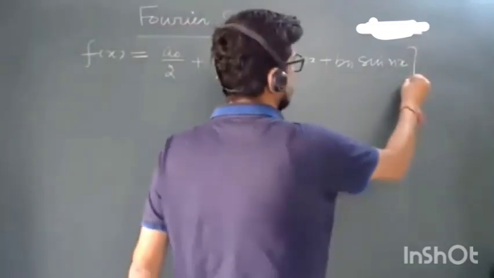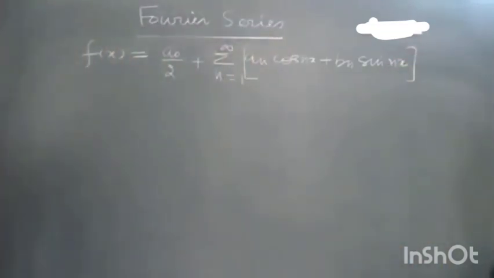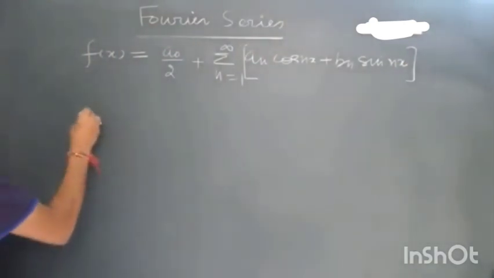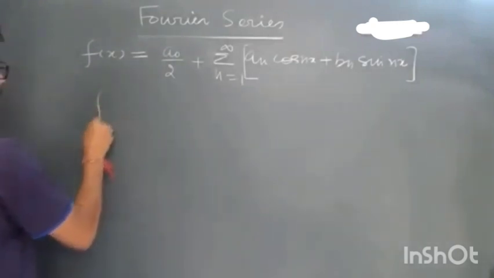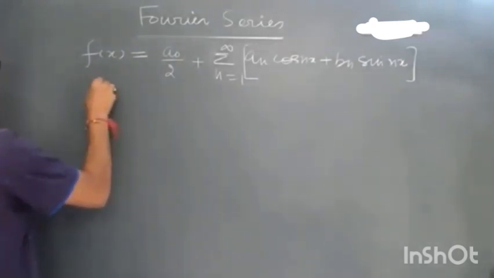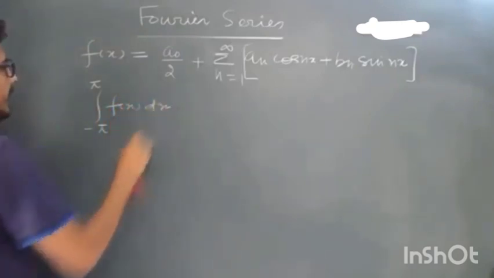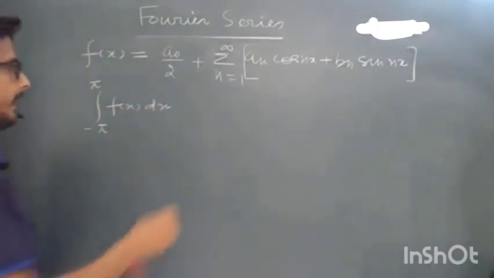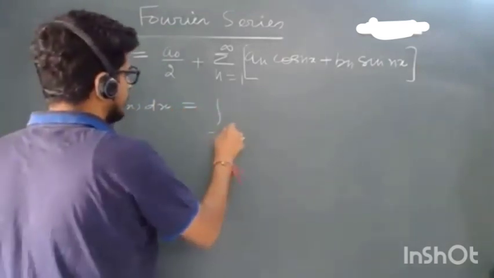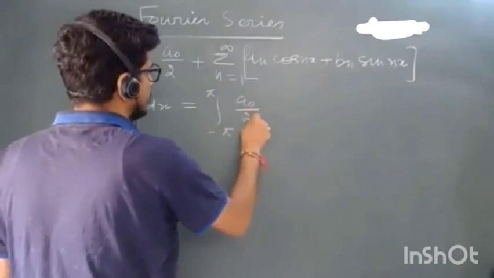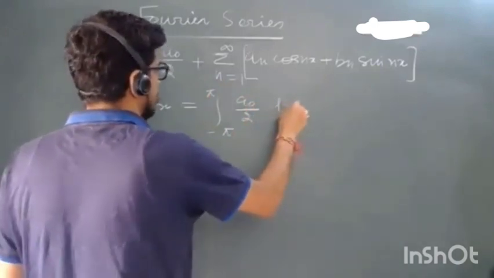Suppose I take this one. So what will happen? The first value of a naught I want to calculate. So what I will do, I will take integral minus pi to pi f(x) dx, and this side it will become integral minus pi to pi a naught by 2 dx.